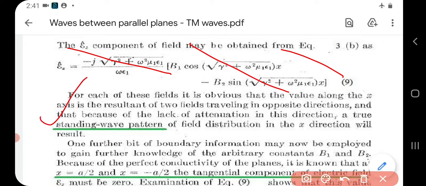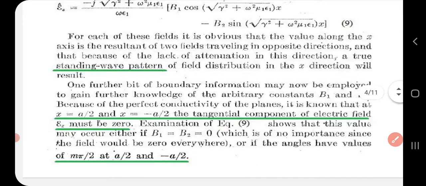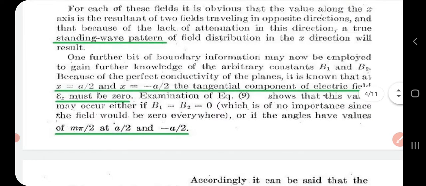That equation actually represents a standing wave pattern, and the next aim is to find the values of the arbitrary constants b1 and b2. For that we are making an assumption that the planes along which the waves travel are perfect conductors, and at the extreme ends of the plates, that is x equal to a by 2 and x equal to minus a by 2, the tangential component of electric field is supposed to be 0.